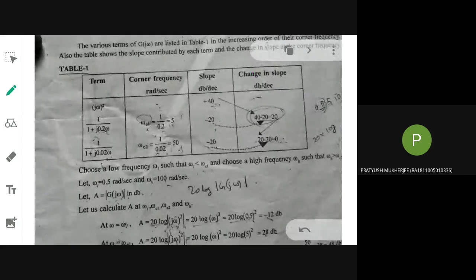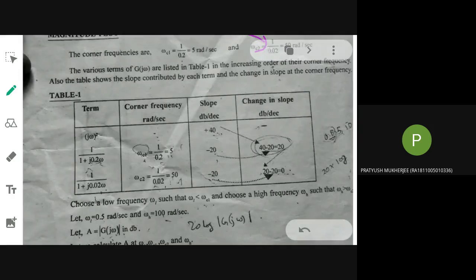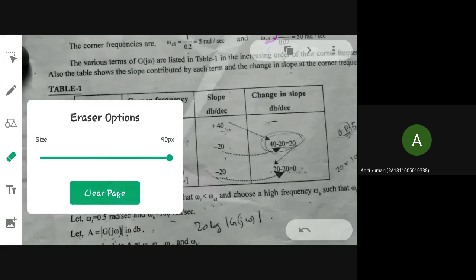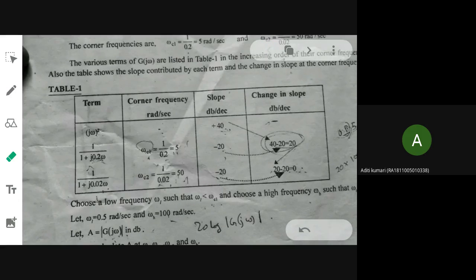Next you have to do the tabular column, and this is the tabular column that you are having. Always the first term, as you can see, will be what term? Here the problem is having integral or derivative or gain? Derivative. Of what order? Second order. So that will be your first term always, followed by the remaining terms in increasing order of corner frequency.